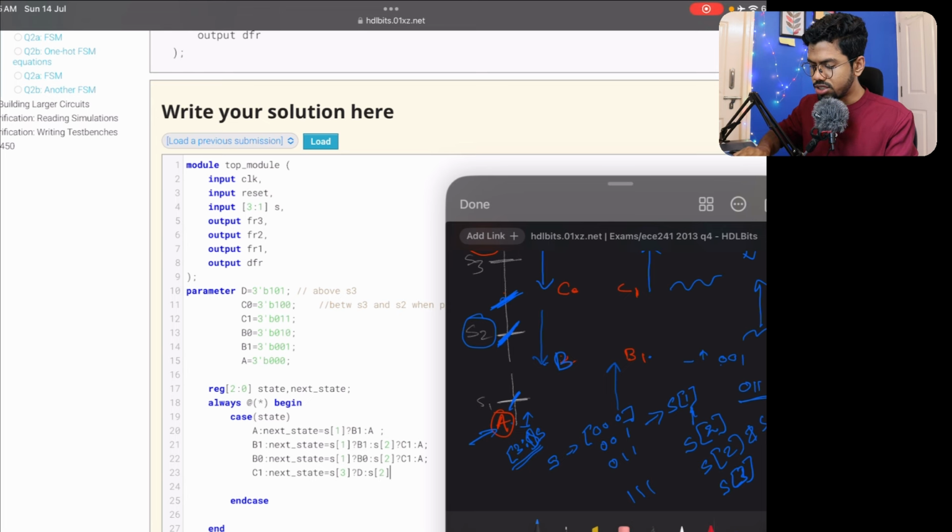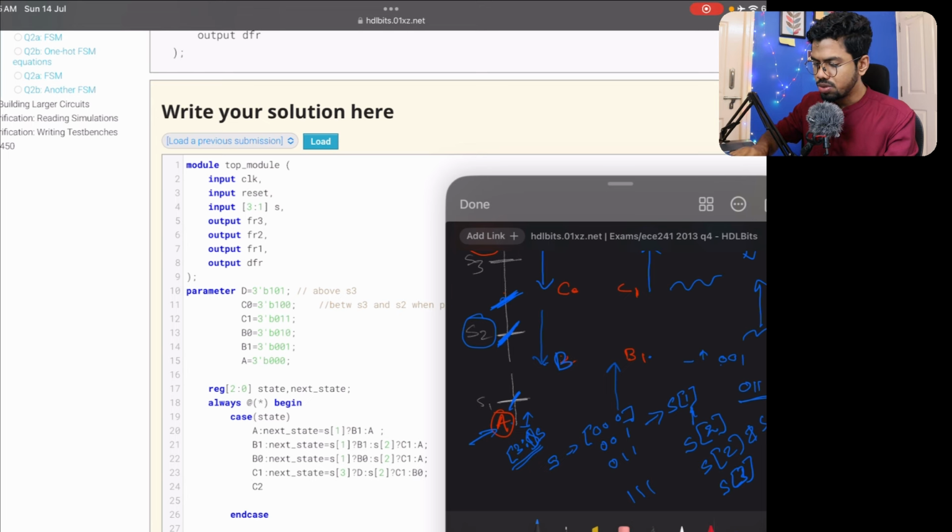So if it is S2, I'll go down to B0 or B1. Tell me. B0, because C is the uppermost layer, so I'm going from upper to down.